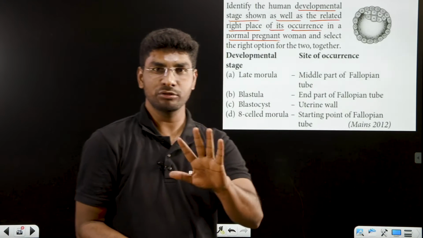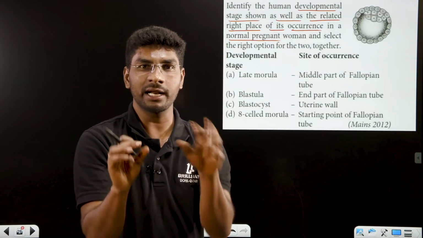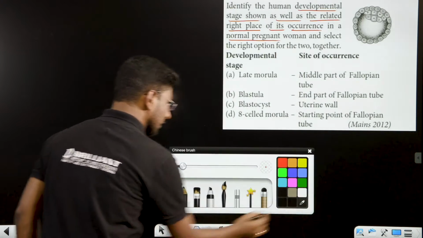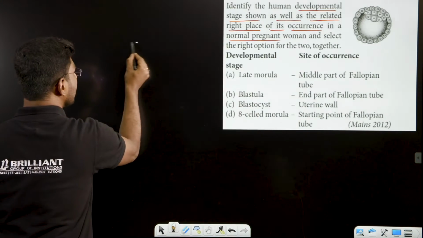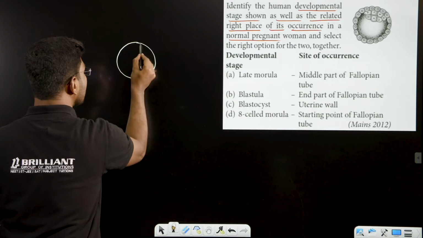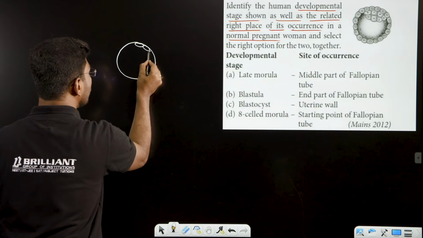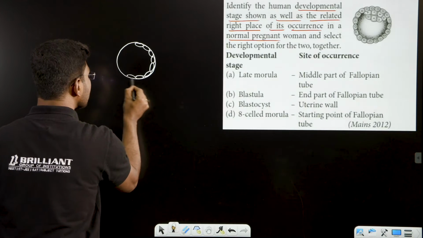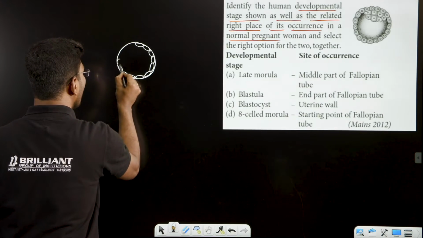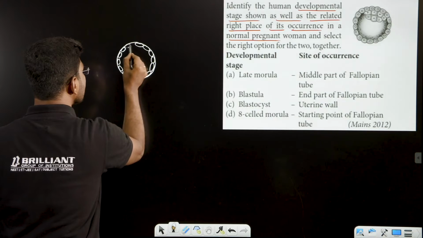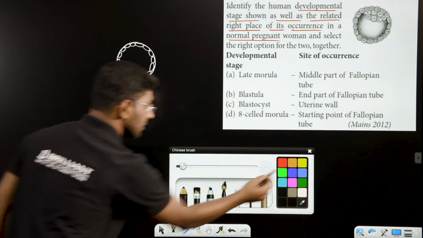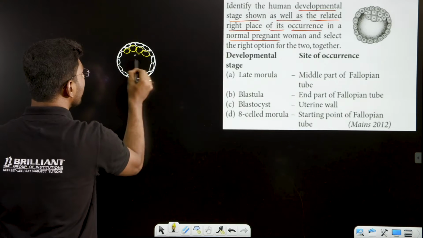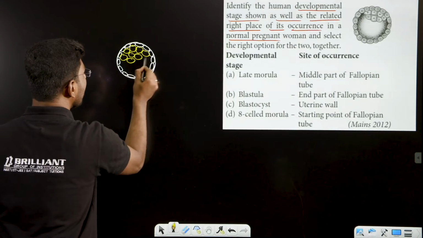One thing keep in mind, student: whenever in the diagram you are identifying the cavity, look here, this is the cavity. Let me write here, this is trophoblast cell. The smaller outermost flattened membrane cells are called trophoblast cells. Am I clear? Now inside this one, the inner cell mass is there. This is the inner cell mass. So what is formed here? A cavity.